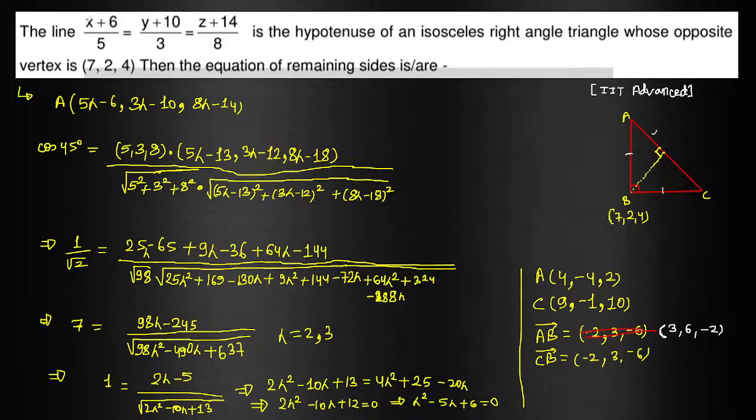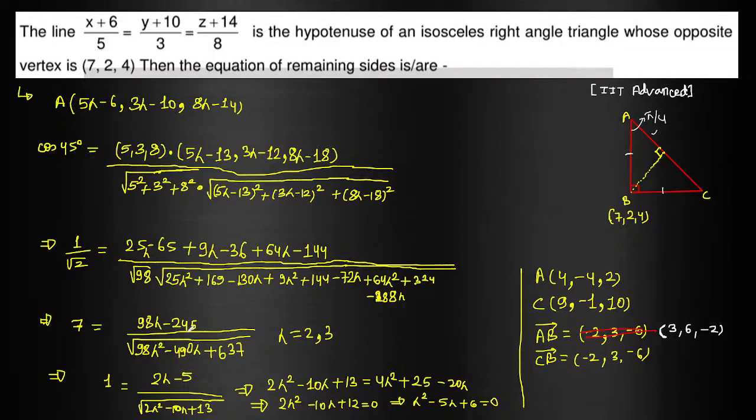From there we can find the point: we'll keep 5 lambda equal to lambda, and we get the point 5 lambda minus 6, 3 lambda minus 10, 8 lambda minus 40. So if we do the dot product, the angle is 45 degrees, this is pi by 4, so this is 1 by root 2. We multiplied 5 with this, 3 with this, 8 with this. We got something like this.